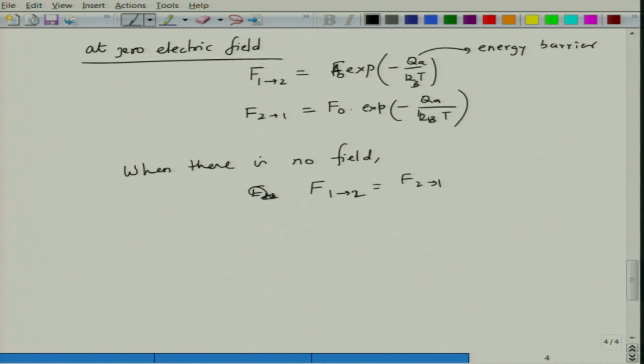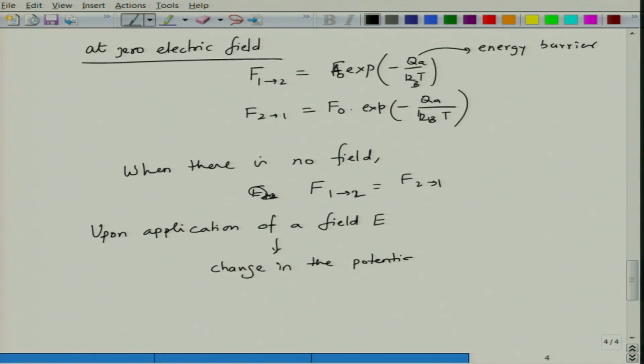When you apply a field E, the potential energy of the two sides changes, and this is, let us say, delta Q amount.